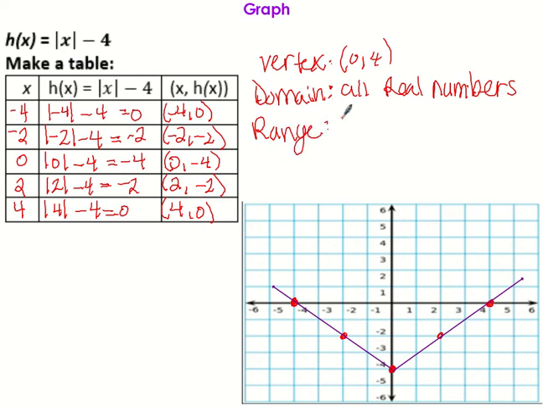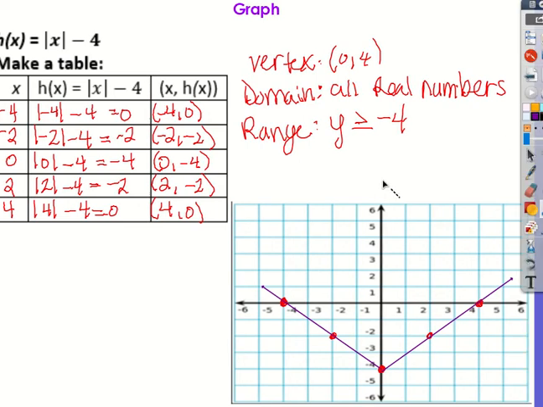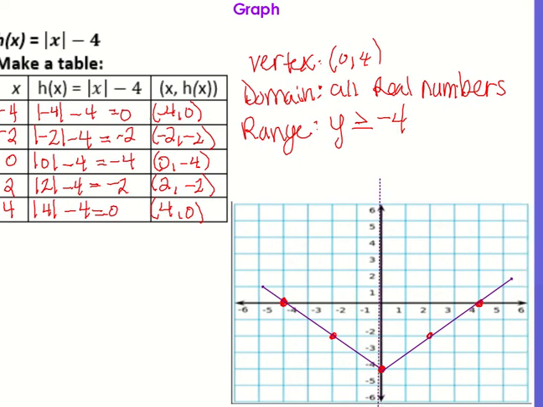It's actually now y is greater than or equal to negative 4. So that shift does affect my range, and it affects it by having my range be shifted down as well. Okay? And then our axis of symmetry is still perfectly at this y equals 0 in a sense, right? It's perfectly here in the center again, y equals 0.